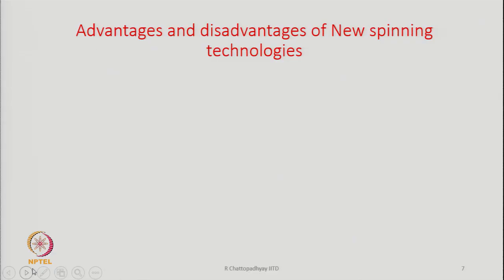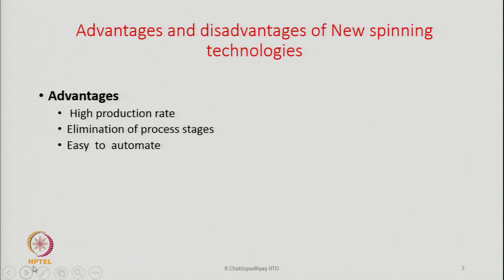Now, the question that comes to our mind is, what are the advantages and disadvantages of new spinning technologies? The general advantages are high production rate in most of the cases. This is in comparison to the conventional spinning system that we have, that is ring spinning technology. Then the next advantage is elimination of process stages. You are all familiar with the ring spinning process.